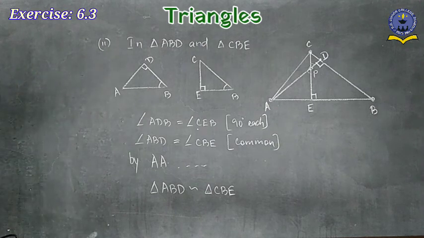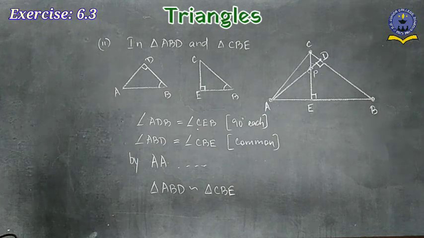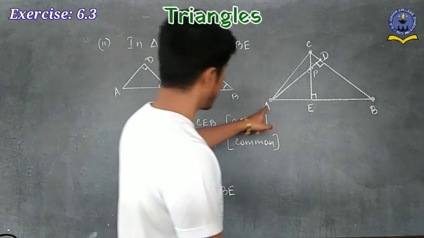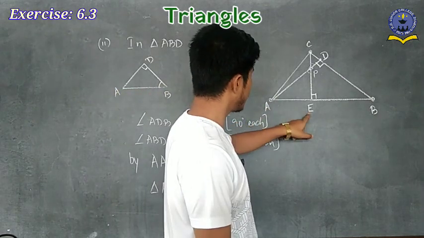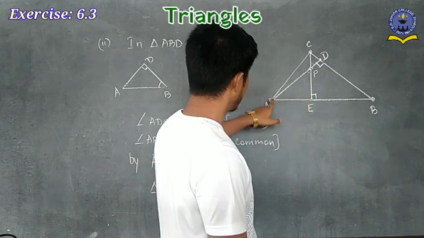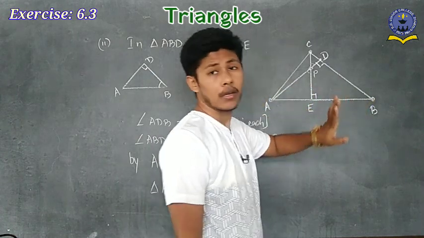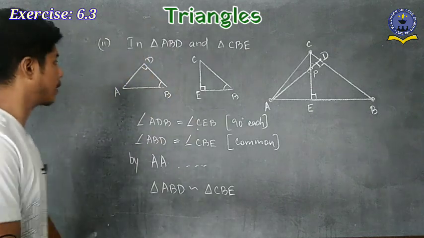So the second one is also proved here, and the third one is given, AEP and ADB. So if you see here AEP and ADB, these two we need to prove here in the third case.